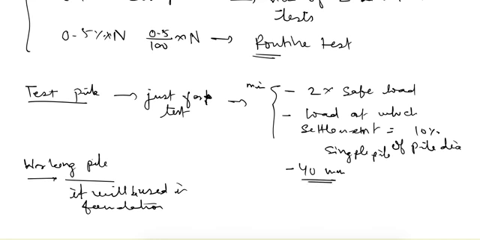So the settlement should not exceed 10% of single pile dia, or if it is a group of piles then the settlement should not be more than 40 mm.